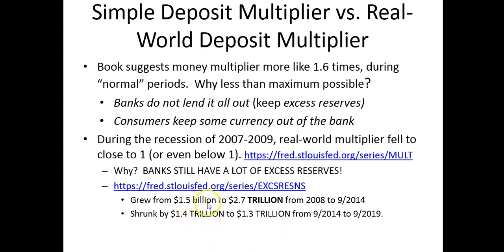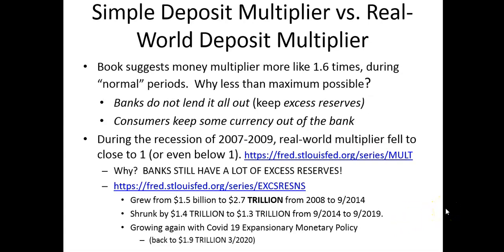Notice, really key, billions to trillions: almost 2,000 times as much excess reserves from the low to the peak. But again, as we saw, COVID-19 expansionary monetary policy is growing it again, back up to 1.9 trillion as of March.